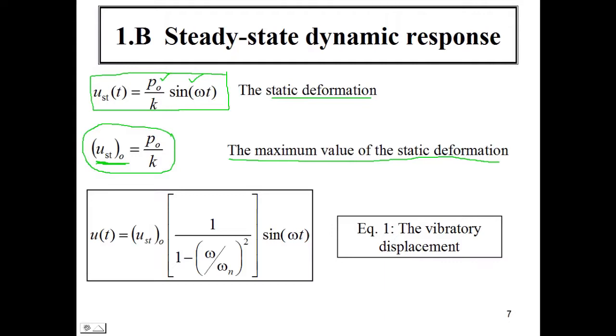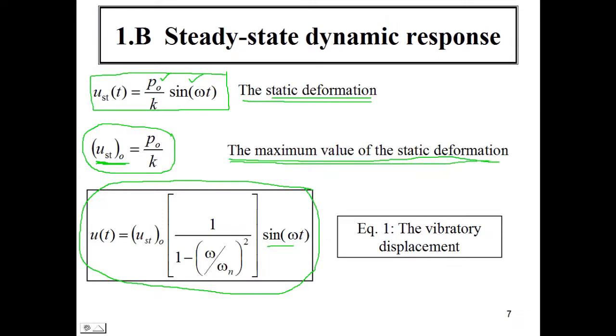The steady-state dynamic response, which is a sinusoidal oscillation at the forcing frequency, may be expressed as follows. This equation may also be called the vibratory displacement. The student should always remember these two terminologies: 1. The static deformation, and 2. The maximum value of the static deformation.